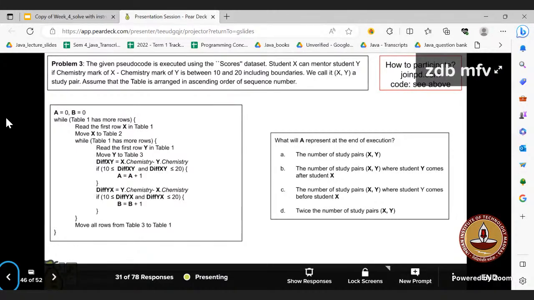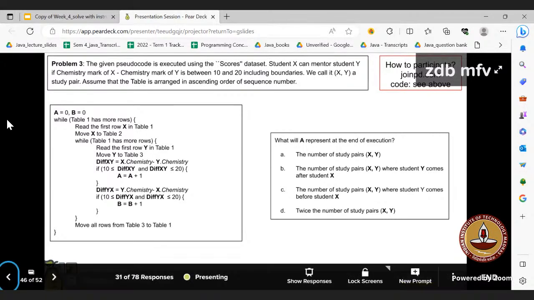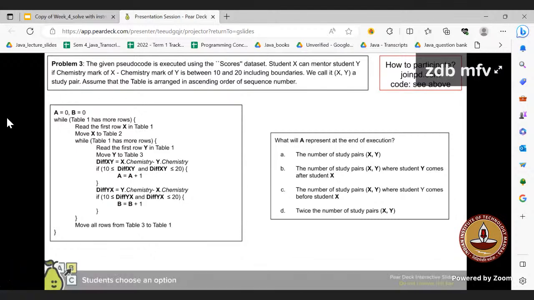Then 30 minus 20 is 10. That is in the range. But while you are iterating, what you are seeing first is 30 and then you are seeing 20. So what you are seeing first is x. Okay, ma'am.